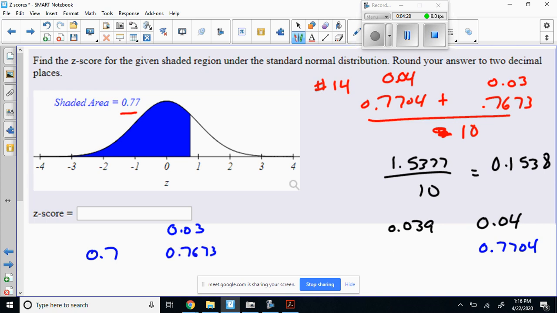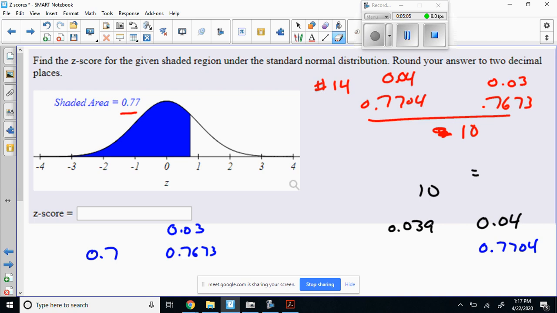So if I back it up, that's 0.7704 minus 0.1538. That can't be right. Sorry. It's not averaging, it's the difference. Yep, okay, hold up. Minus 0.7673 should be the difference.